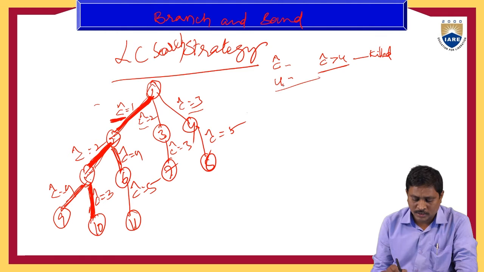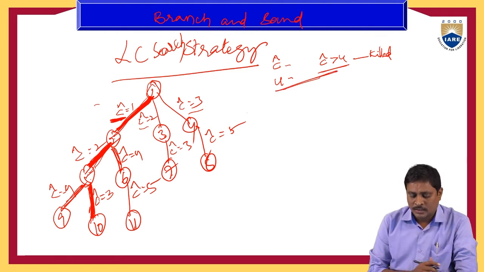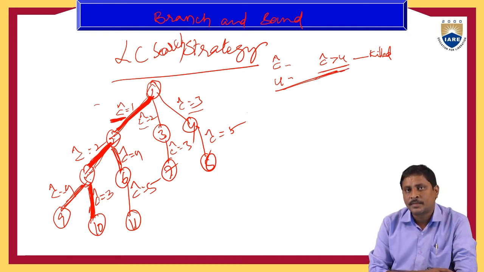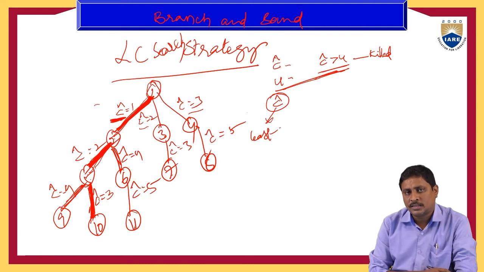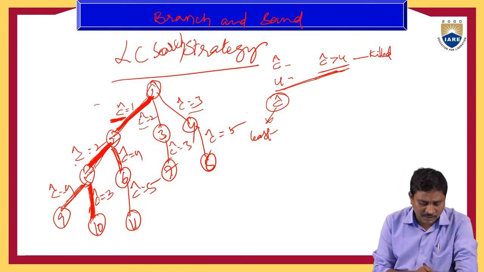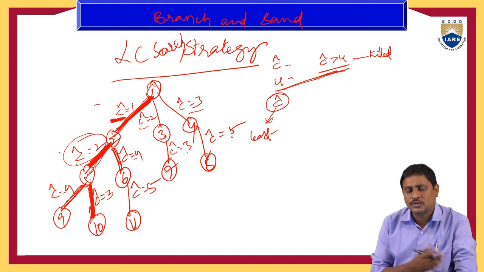Also here in this least cost strategy, we choose among these cost functions the least cost value, the best one. So here we observe that C cap equal to 4, C cap equal to 3, C cap equal to 5. Among these, the least cost value is 2. So we choose that one.